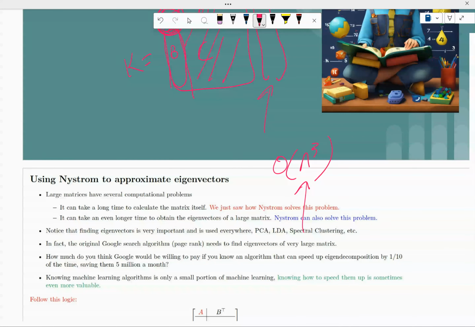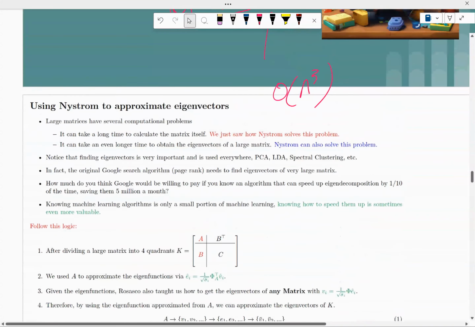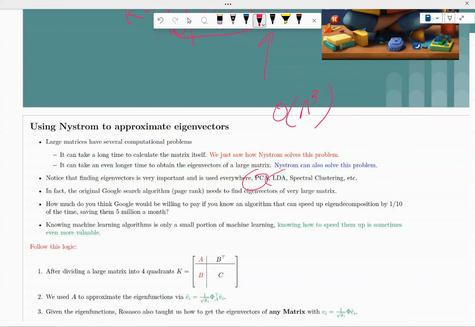This implies that as the number of samples increases, the computation required is n cubed, whatever n number of samples you have. So it grows very quickly. It's very, very expensive. And since eigendecomposition is useful for PCA, LDA, spectral clustering, etc., a lot of things require eigendecomposition. It would be really helpful if we have a way of approximating the eigenvectors of very large matrices.